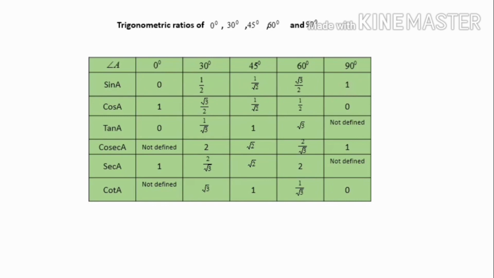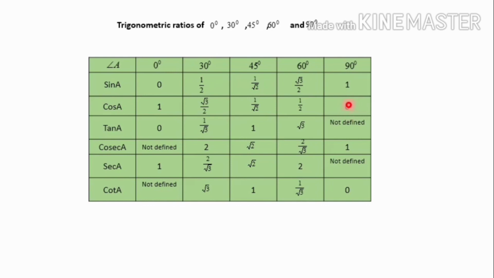Then by using the same numbers we can fill the cos values, that is the third row. As I mentioned before, the 5 values are 0, 1 by 2, 1 by root 2, root 3 by 2, 1. These values we have to write in the third row from the right end to the left.